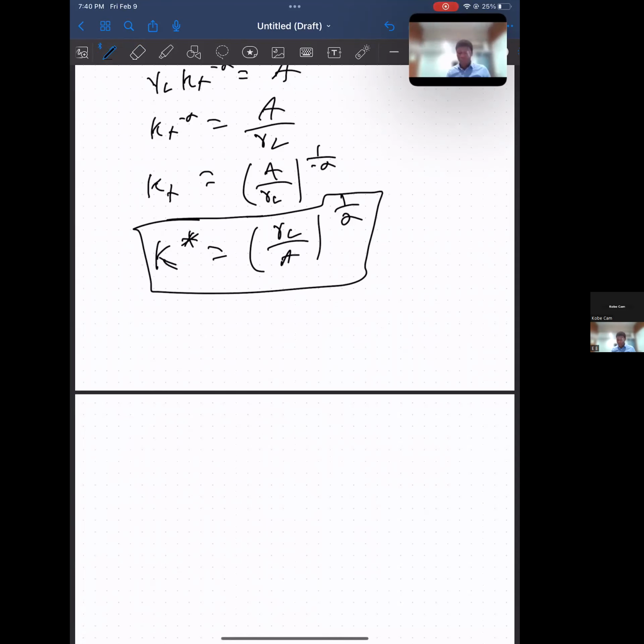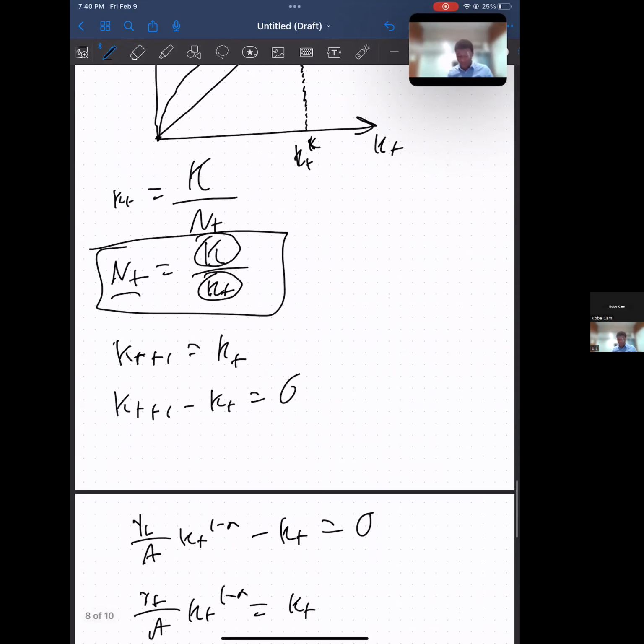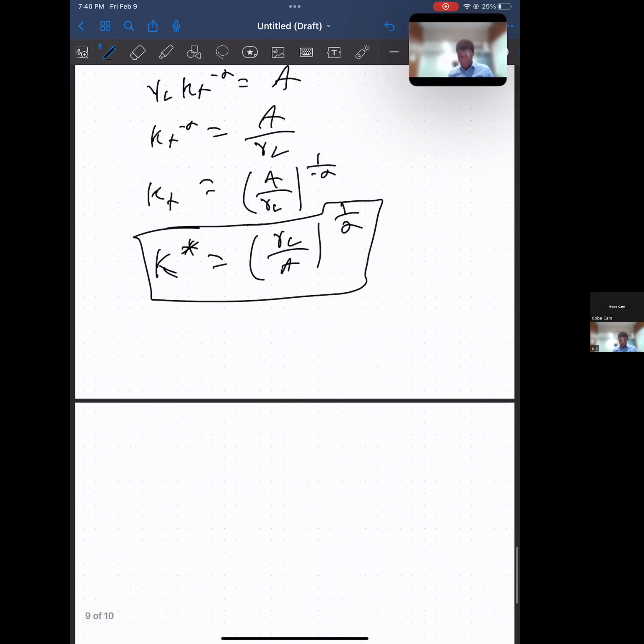Okay, so we have the steady state here. We can use that for our equation that we had up above, right? So big K divided by small k. So that means the steady state for N is just big K divided by small k star, which is just big K divided by Y_L over A, right?